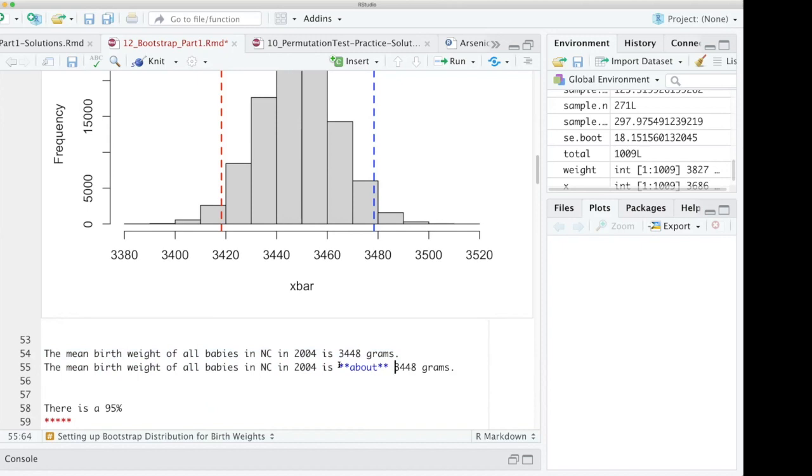One way to do so is to say it's about equal to that, and this interval estimate gives me a better way of saying about.